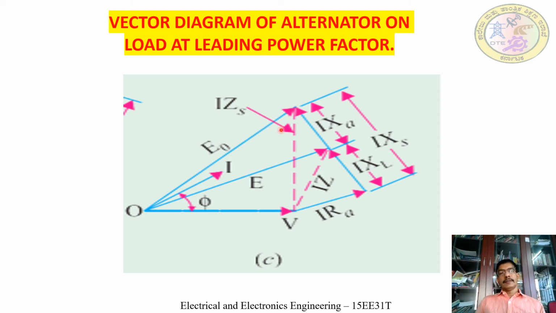In some cases, at leading power factor, terminal voltage at load is greater than the no load voltage because of the magnetizing effect of armature reaction. This is the vector diagram of alternator on load at leading power factor.